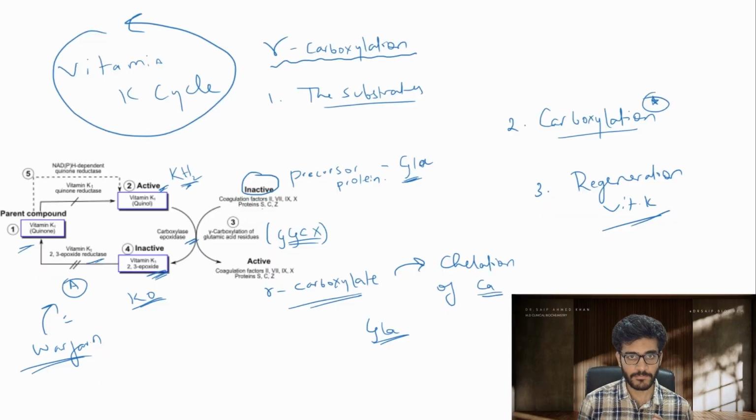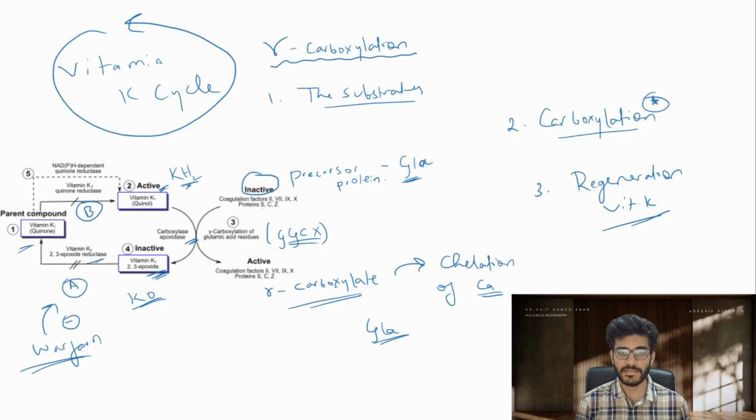Warfarin basically blocks the action of this enzyme. Then there is step B, where quinone forms hydroquinone. Vitamin K quinone is reduced to the active vitamin K hydroquinone, which is KH2, by either NADPH-dependent quinone reductase or a dithiol-dependent reductase.